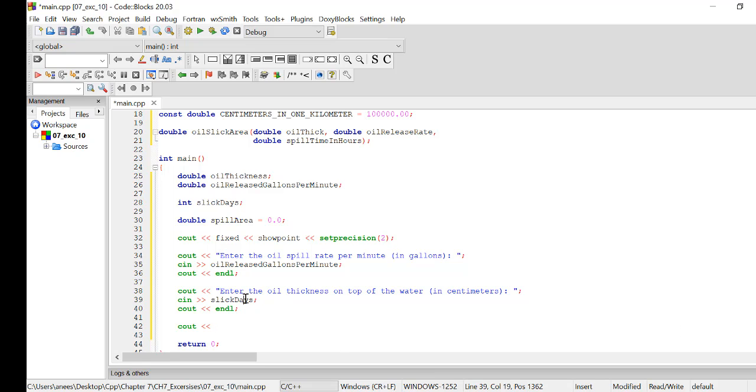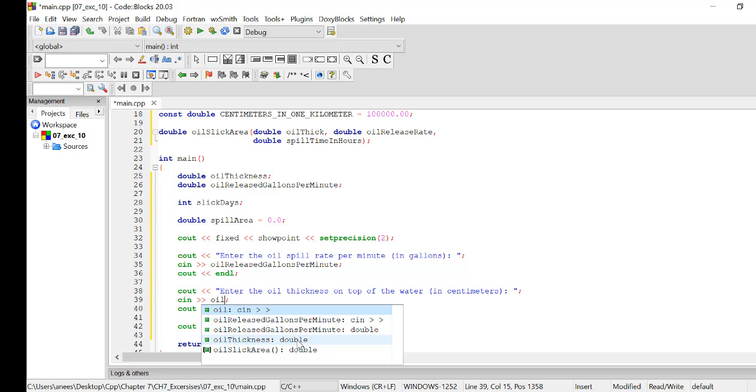Oh no, sorry, it's actually supposed to be oil thickness.